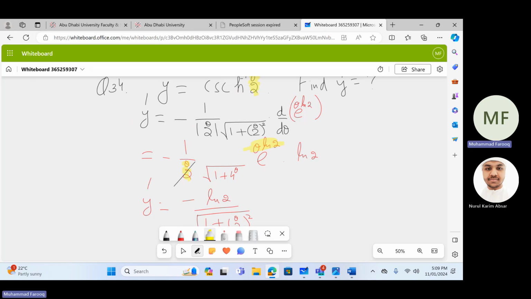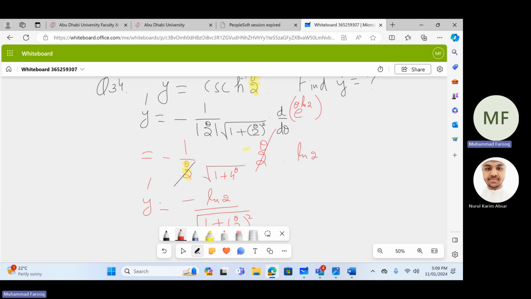Now it's clear? We put back this base E to base A. In our question we don't have base E, we have base 2. That's why it is cancelled from here and here.